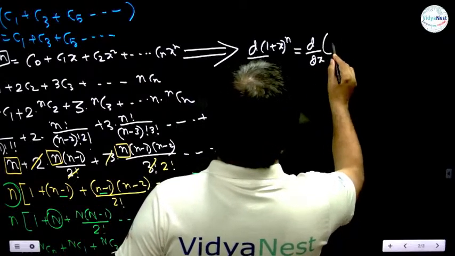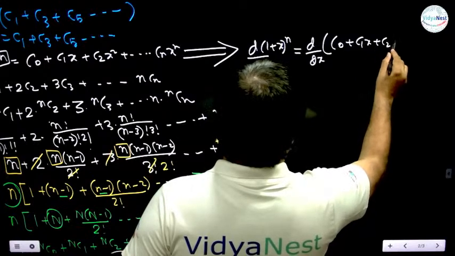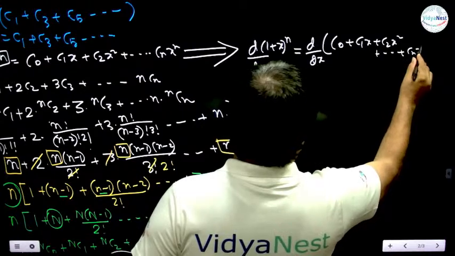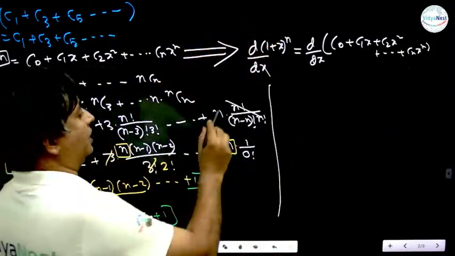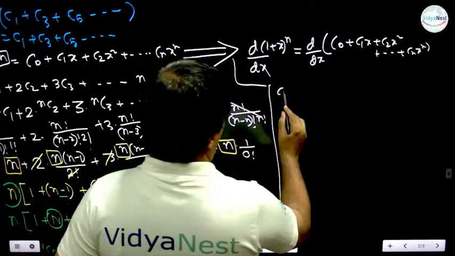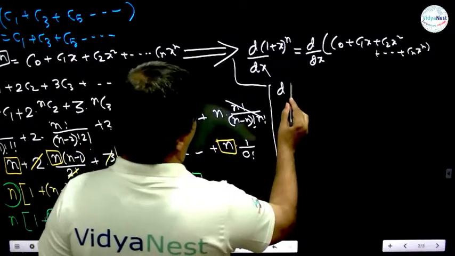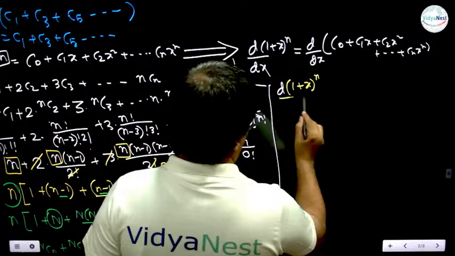d/dx of C0, C1x, C2x square up to Cn x to the power n. So here we will use the chain rule: d of (1 plus x) to the power n.